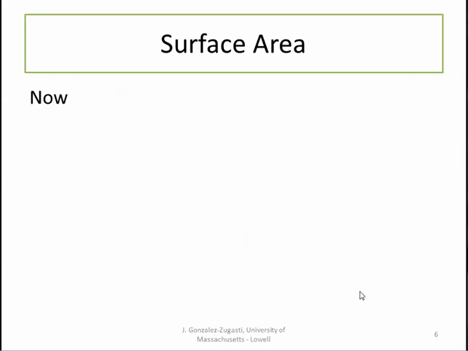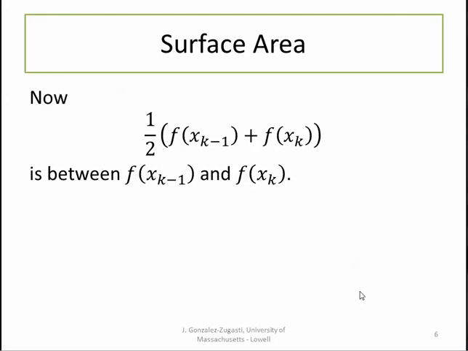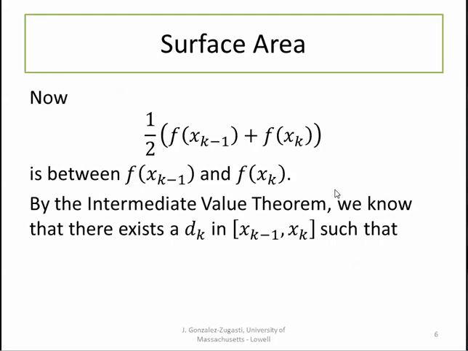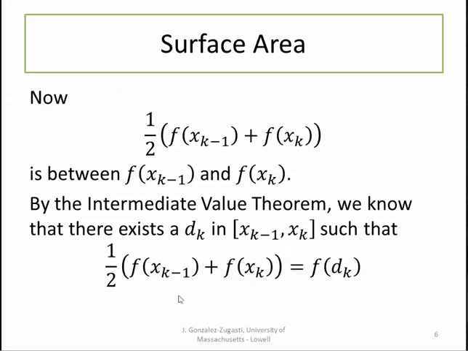All right, now what we want to look at is this. This value right here is the average of the two y values, right? And we know that that value is going to be between f of x sub k minus 1 and f of x sub k. So using the intermediate value theorem, since f is continuous, we know there exists some point, let's call it d sub k, in our kth interval, such that the average value here is equal to f at d sub k.